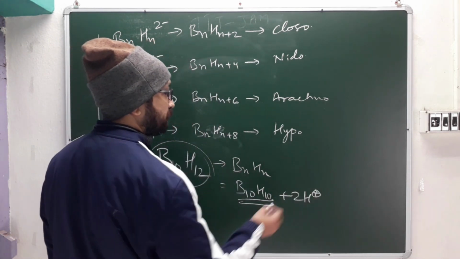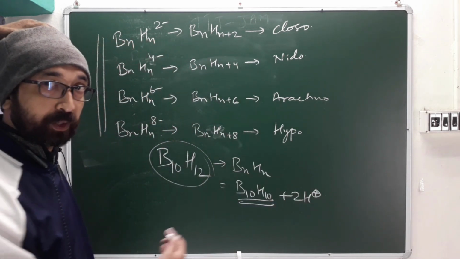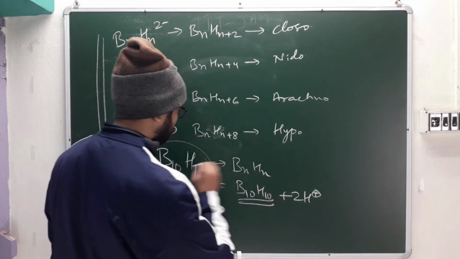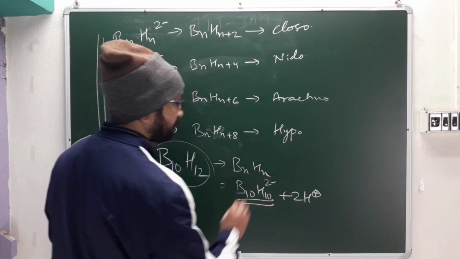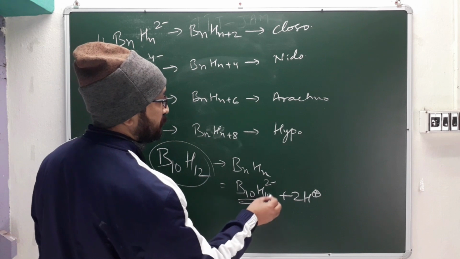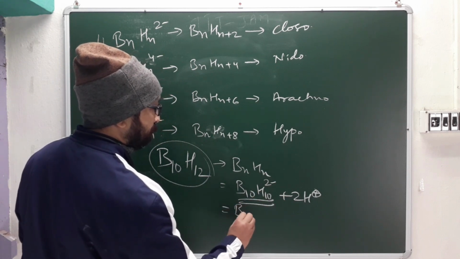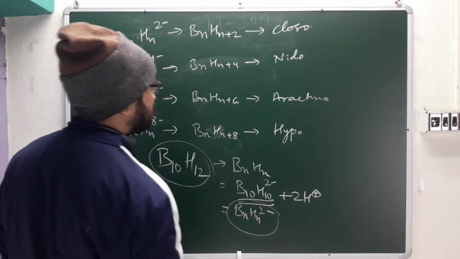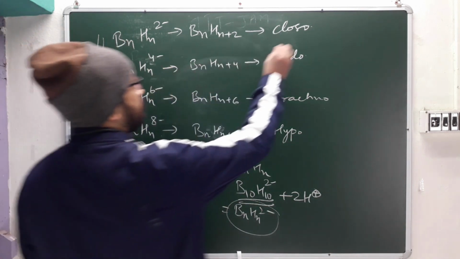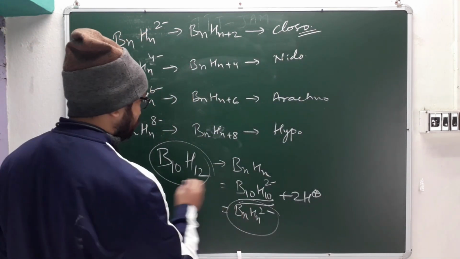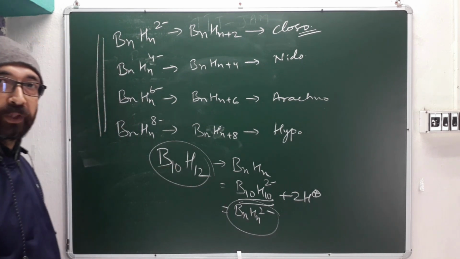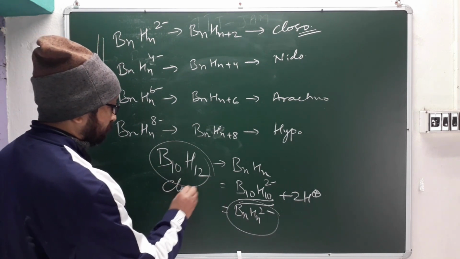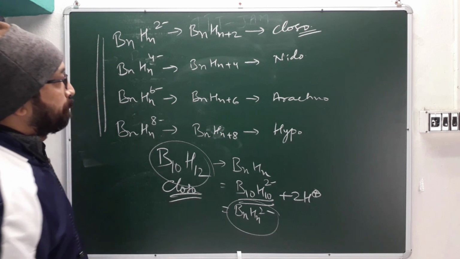If 2 protons are leaving from the Borane, then we write 2 minus. So now you see B10H10 2 minus. It means BnHn 2 minus. If it is BnHn 2 minus, then it will fall under closo, right? So this particular Borane structure is closo, correct?